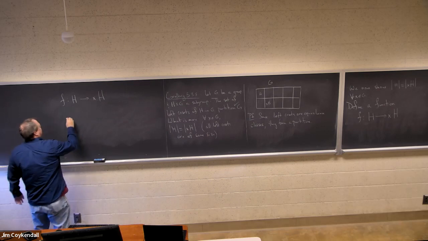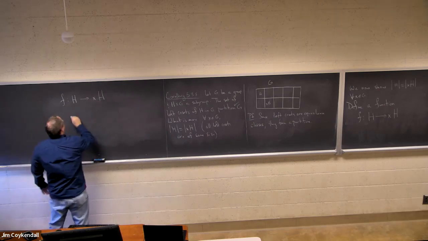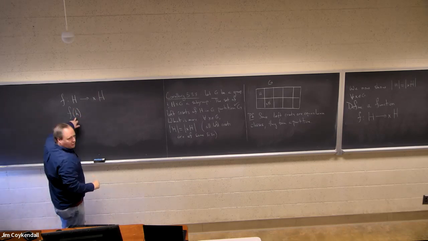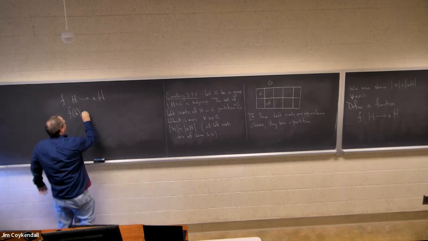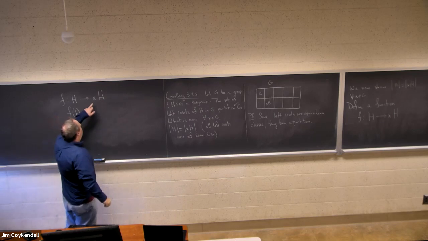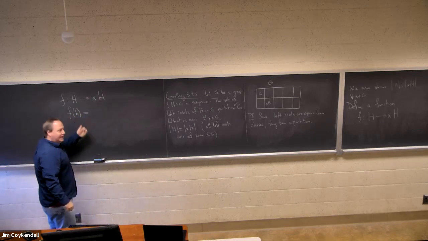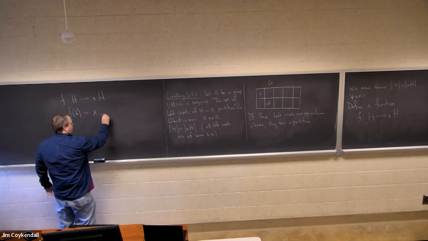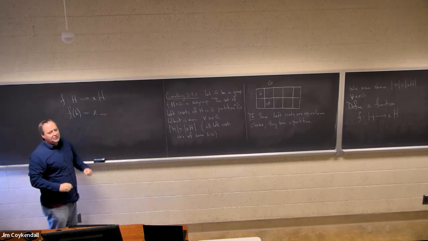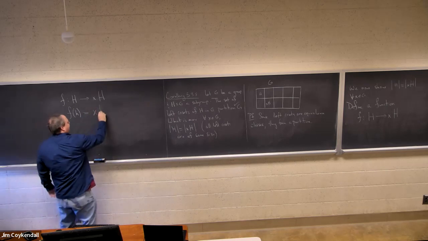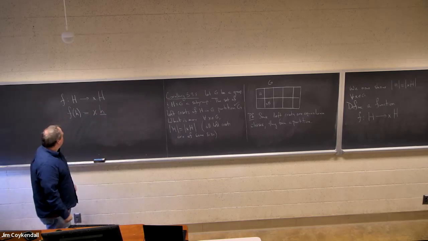Now remember, my input is going to be something from H, and my output better be something that looks like X times something, because it's in XH. What should I put in the blank here? H, right. Again, if it ain't easy, don't do it.